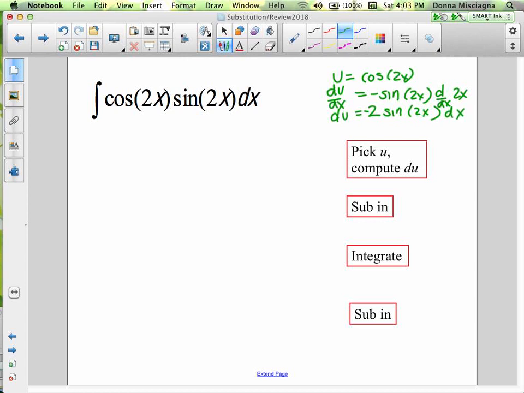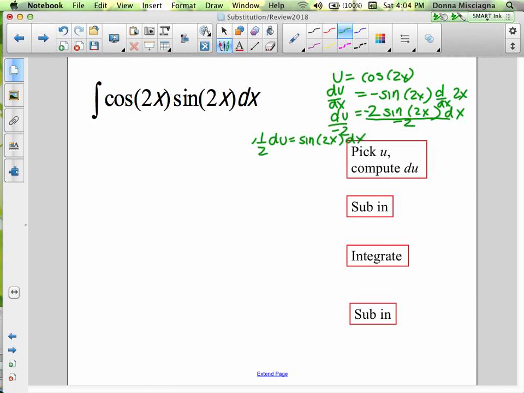All right, so we see the sine 2x dx, but we don't see the negative 2. No worries, just divide by negative 2. So negative 1/2 du is equal to sine 2x dx.